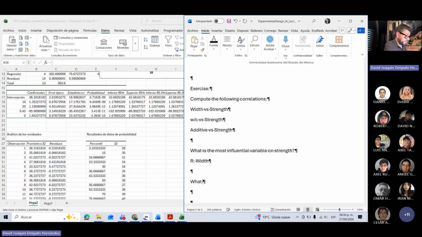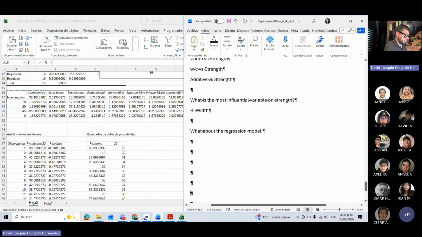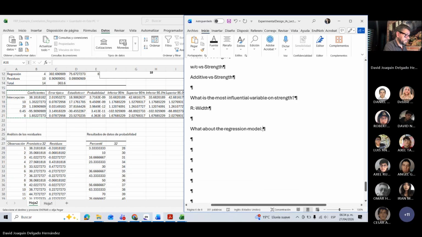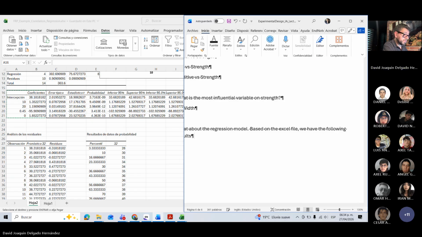What about the regression model? So, based on the Excel file, we have the following results for the coefficients.